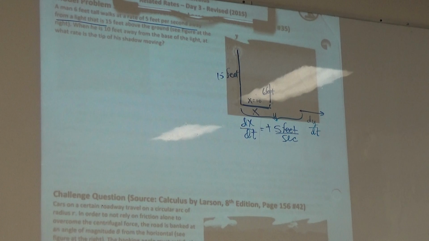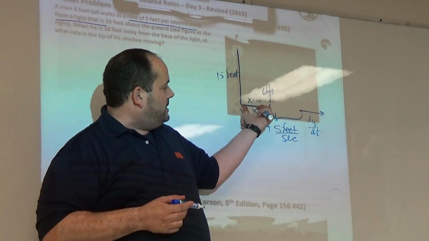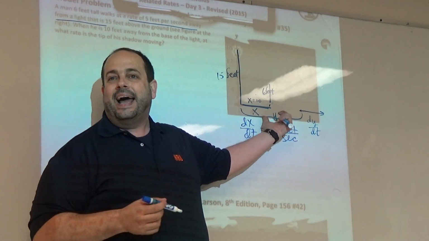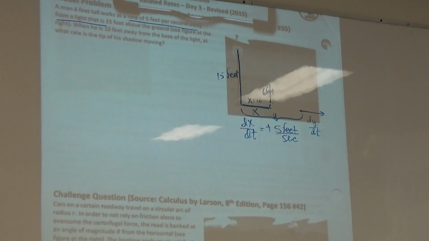Is there a relationship that's always true? Because the key earlier was having your Pythagorean theorem or your trig, those relationships that were always true and connected the variables. Is there a relationship that's going to connect x and y in a way that is always true? Why don't you talk at your tables about this? It's a geometry concept, it's not a calculus concept right now.